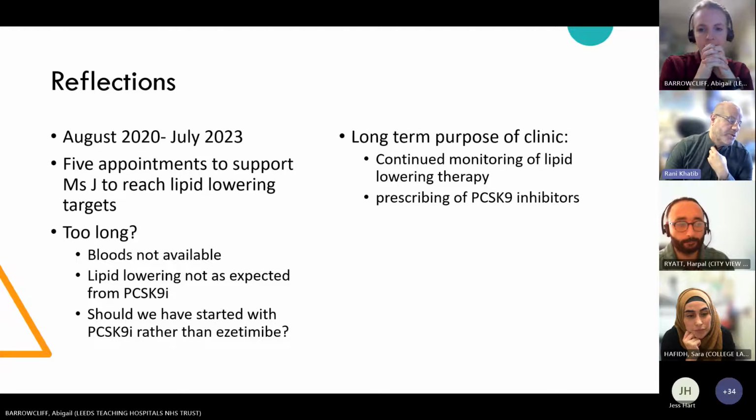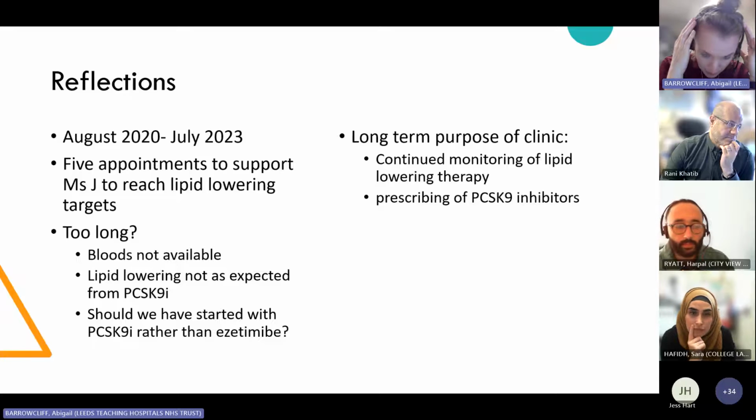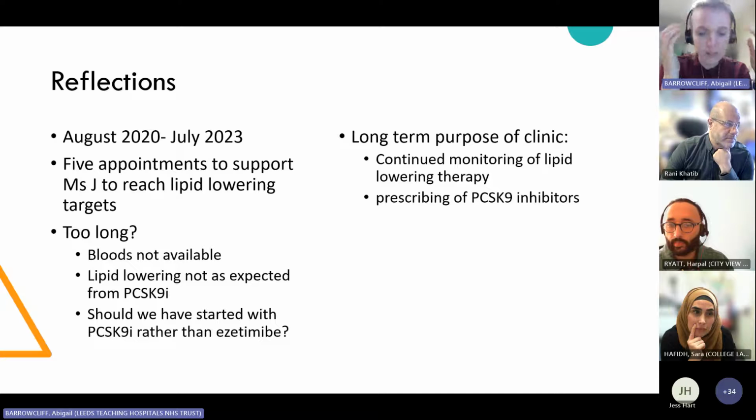But what would be another option then if you want to intensify therapy for this lady after you've got your nearly 50%? On top of the ezetimibe. So PCSK9 inhibitors, ezetimibe, you could then at that point add bempedoic acid, or alternatively, we could re-explore the possibility of a low-dose statin.